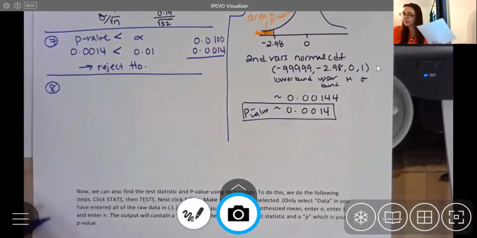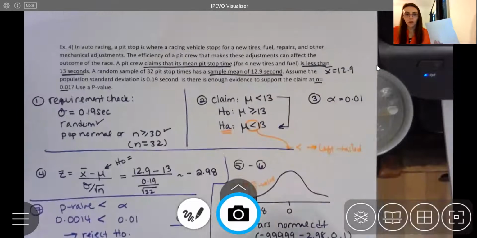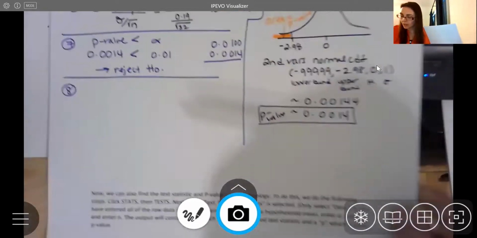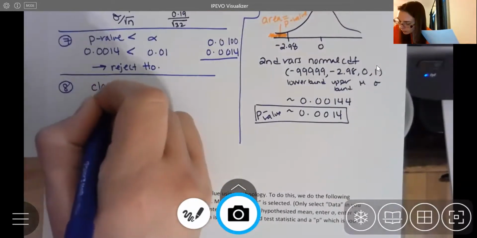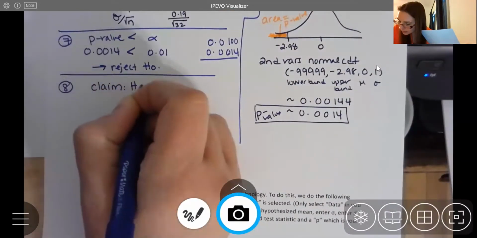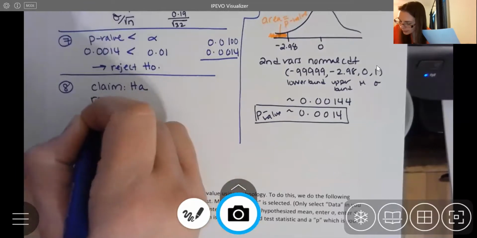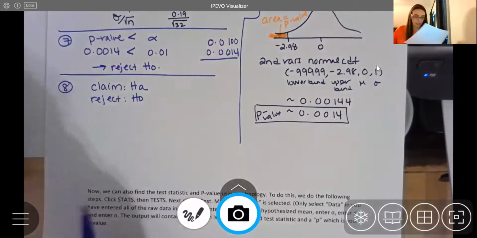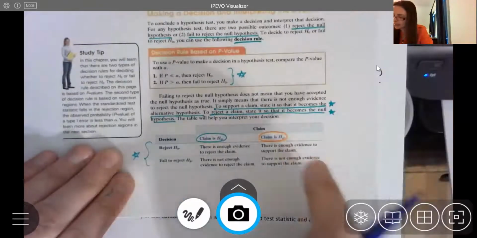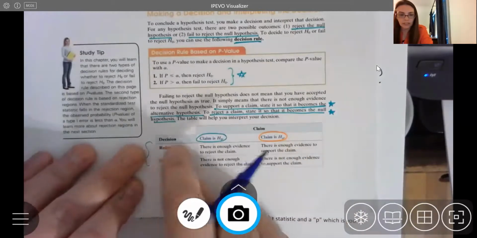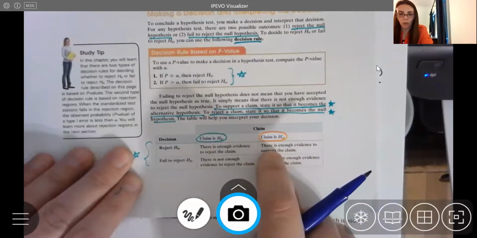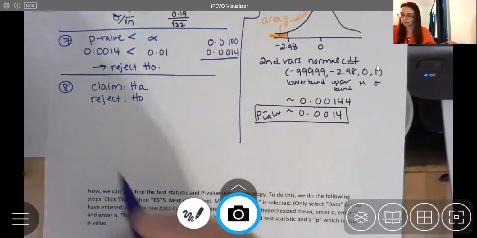So in our example, our claim was the alternative, and we decided in the last step that we are going to reject the null hypothesis. So if I go to that table, I see the claim is the alternative, and I'm rejecting the null. So there is enough evidence to support the claim.